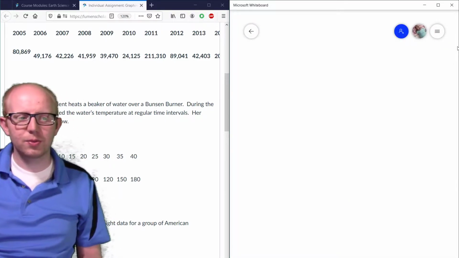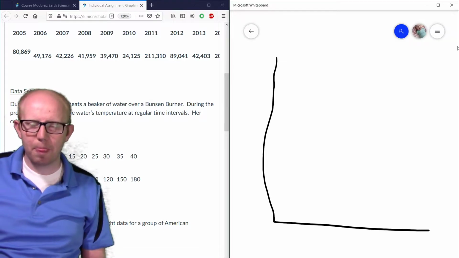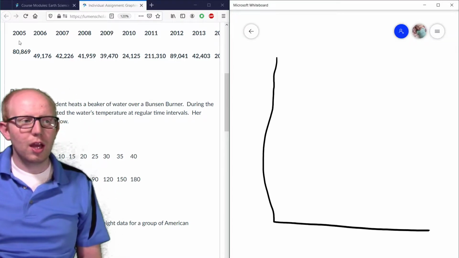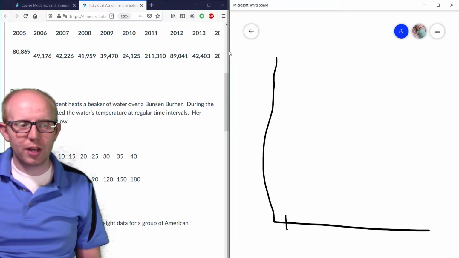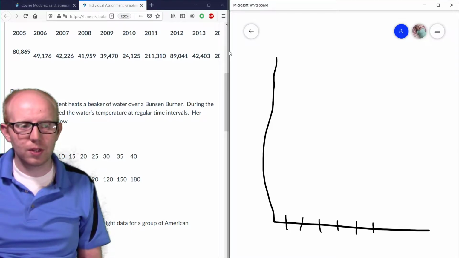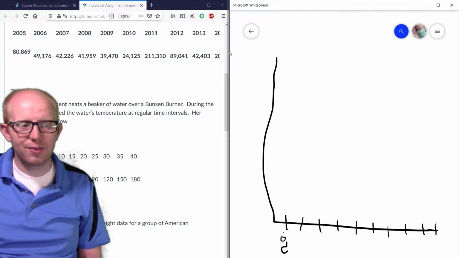So on this one, let's start by making our axes here. Because this goes from 2005 to 2014, we'll just make one axis mark for each year. We'll have 10 marks: 1, 2, 3, 4, 5, 6, 7, 8, 9, 10. So this is 2005.